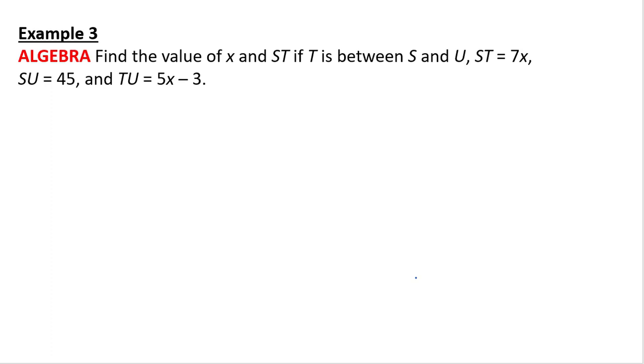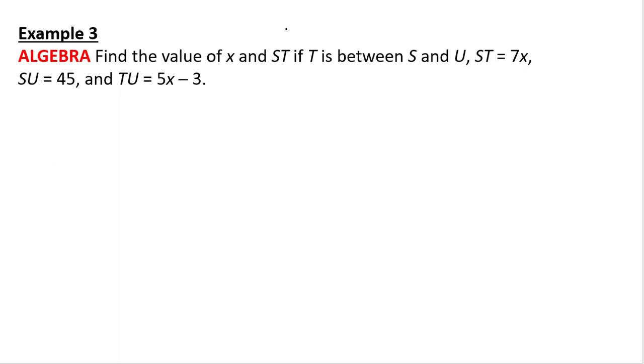Find the value of x if T is between S and U, ST is 7x, SU is 45, TU is 5x minus 3. First, let's draw a picture. A lot of times in geometry, you're going to have to be drawing a picture for what we're trying to do here.